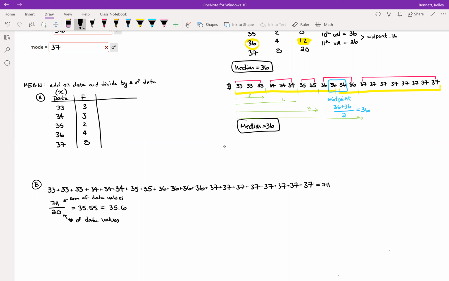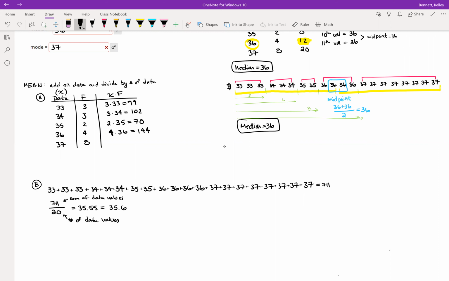Your data is just some number X. So then you can just do X times F, right? So this is going to be 3 times 33, which equals 99. And then you're going to have 3 times 34, which equals 102. And then you'll have 2 times 35, which is 70. You have 4 times 36, which is, I want to say 144.